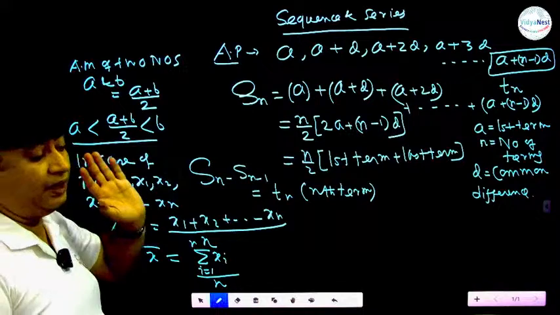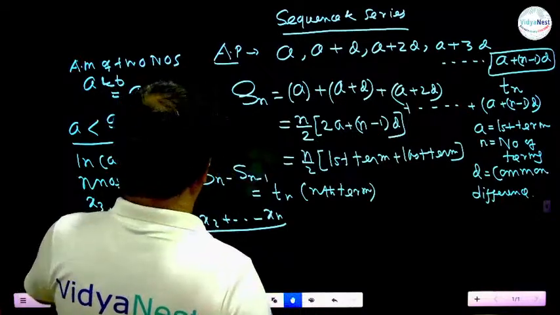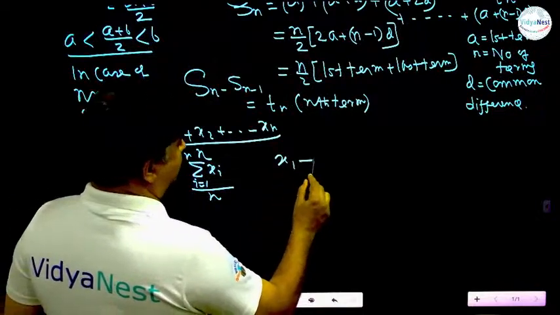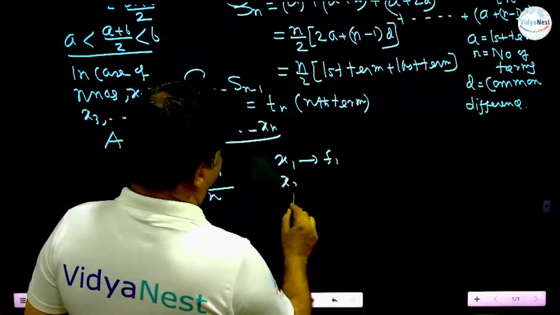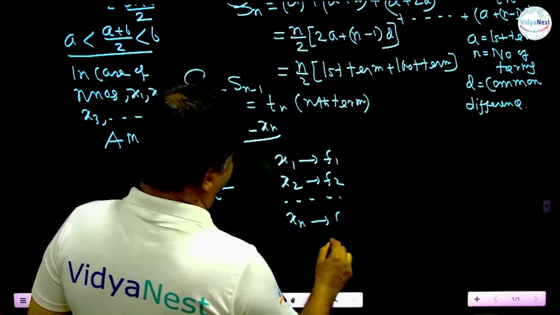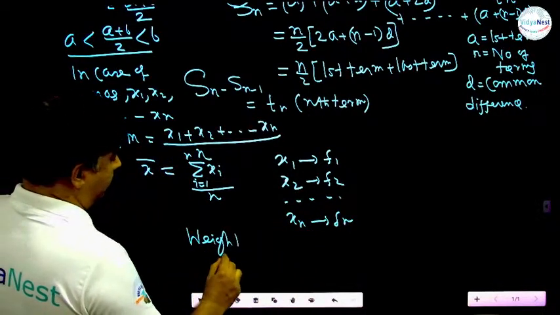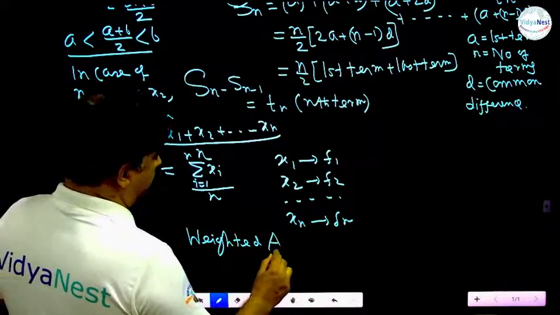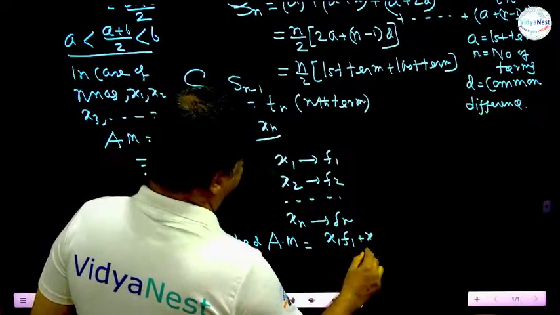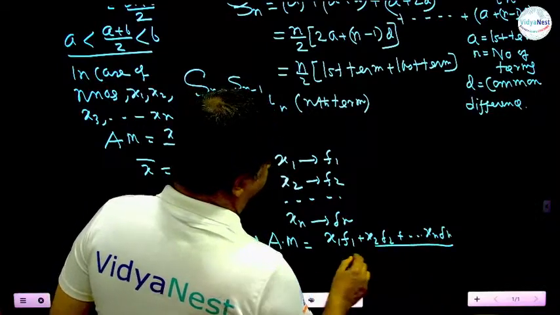What is the weighted arithmetic mean we were taught last day? See, if x1 has weight f1, x2 has weight f2, up to xn has weight fn, then the weighted arithmetic mean will be x1 f1, x2 f2 up to xn fn divided by the sum of the weights.